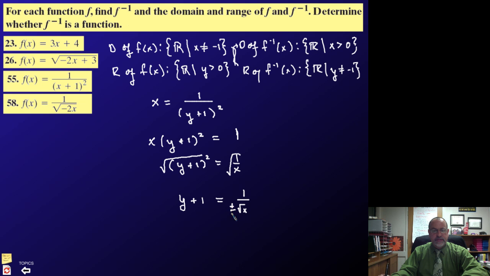Don't forget that because I took the square root. And then I'm going to add 1 to both sides. So y is equal to 1 over plus or minus the square root of x, minus 1. So now swapping out this y for inverse notation, I can write my inverse function is 1 over plus or minus the square root of x, minus 1.